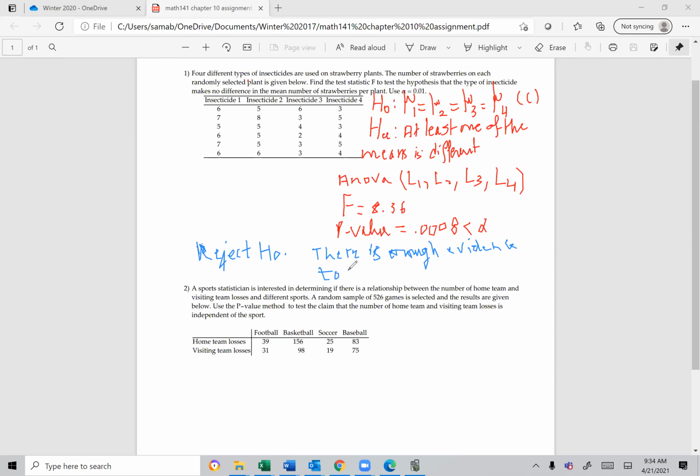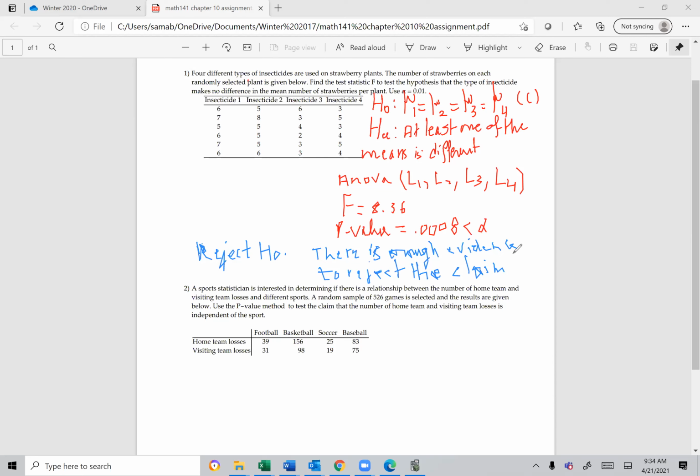And if you ask me why we didn't use the word support, it's because the claim is in HO, and I reject HO, so then I reject the claim. Just the same technique, the same guidelines as we used in chapter 7 and 8, guys, we will be using here.